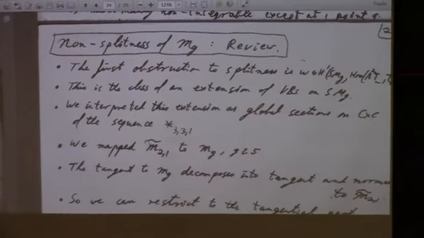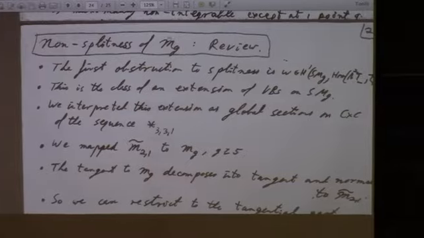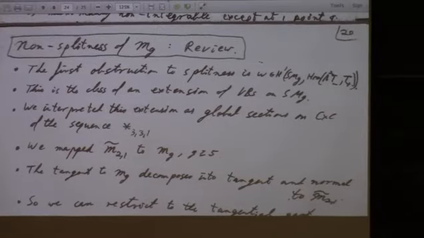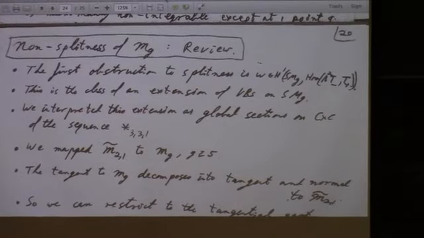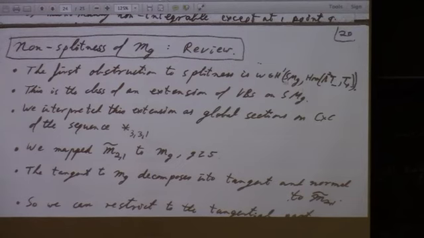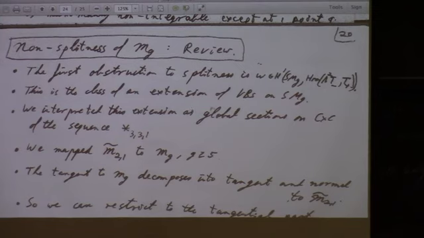So here's the review. The first obstruction to projectedness or splitness of the moduli space is this omega in H1 of a Hall. This is the class of an extension involving vector bundles on the spin moduli space. And we identify exactly what these bundles are, and we give an explicit interpretation of this class as global sections on C cross C of some particular sequence.